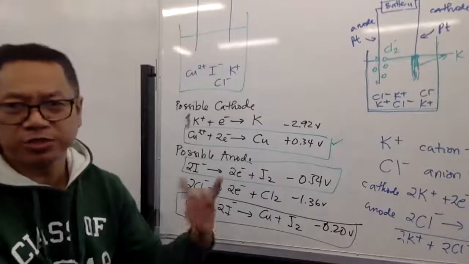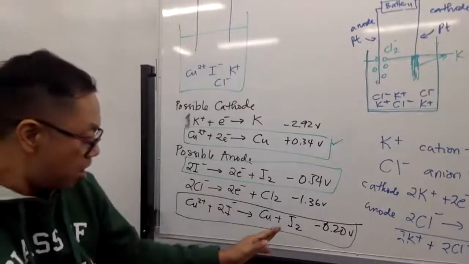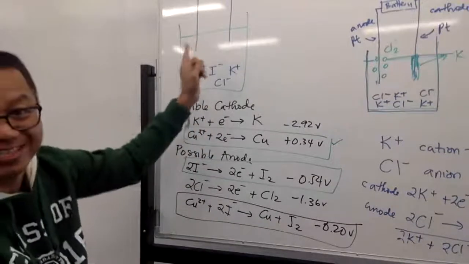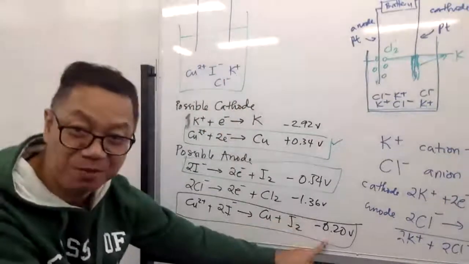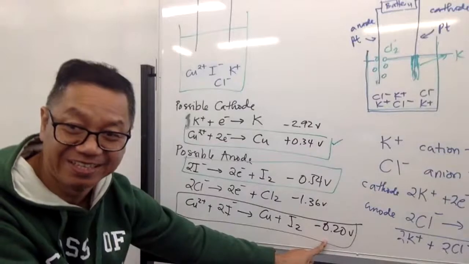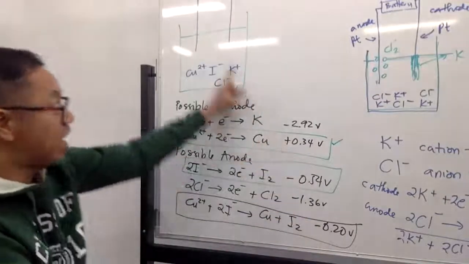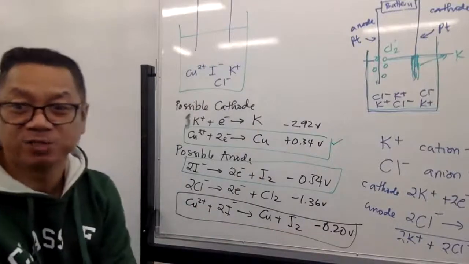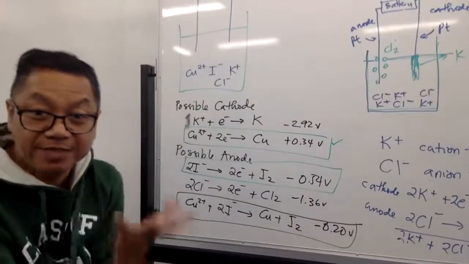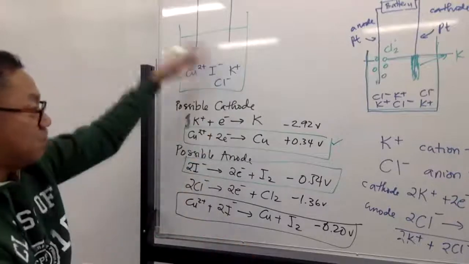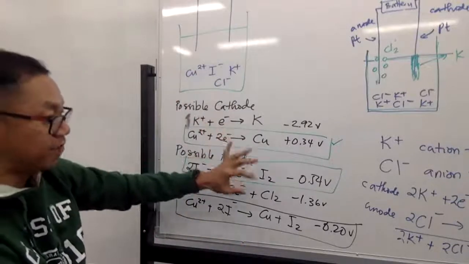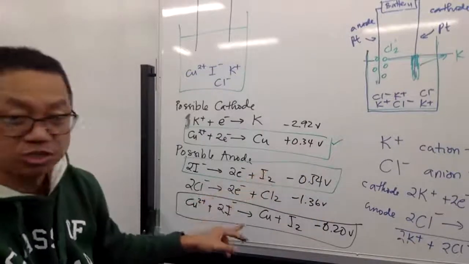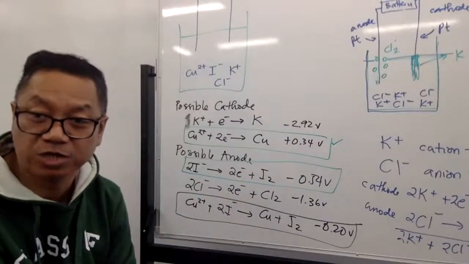If you have an electrolytic cell, expect a negative number. Every time you are given something like this, expect a negative number.